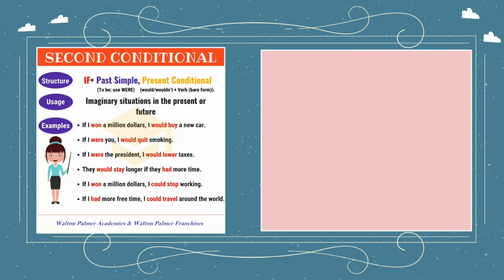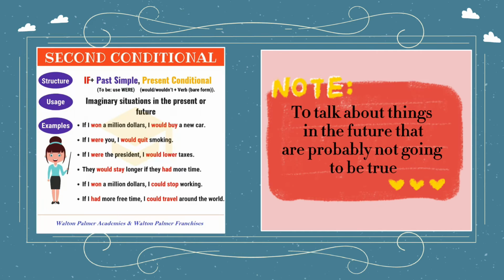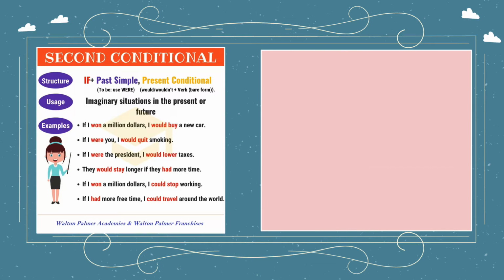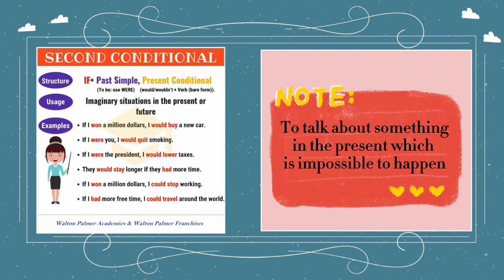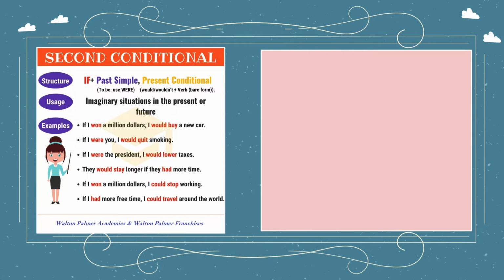Let's move on to the next conditional, which is the second conditional. In this second conditional, the usage is that we can use it to talk about things in the future that are probably not going to be true, such as when you are imagining some dream, and to talk about something in the present which is impossible because it is not true.